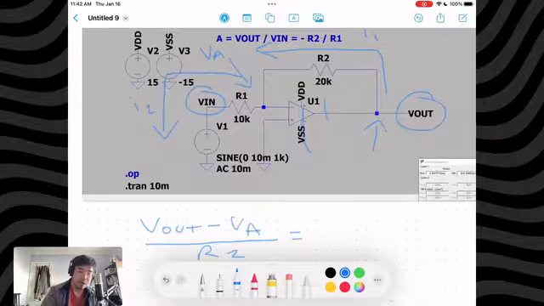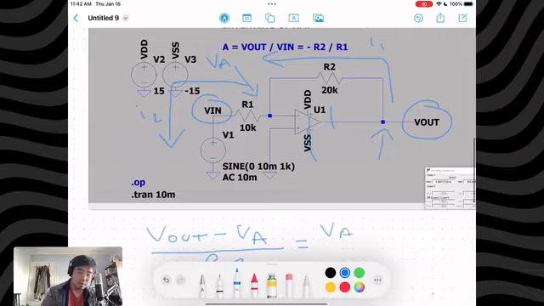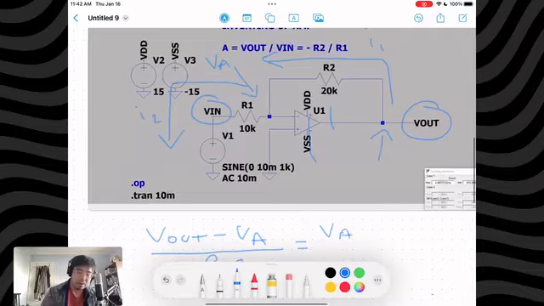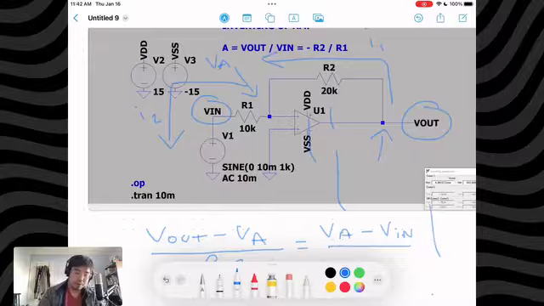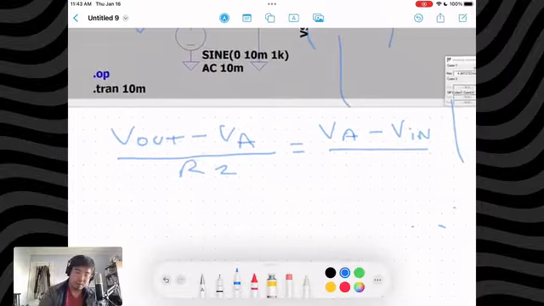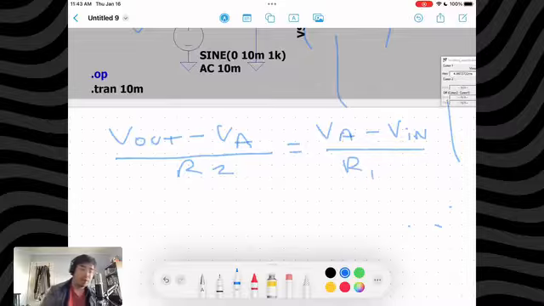V out minus VA divided by R2 equals VA minus V in divided by R1. Okay, so we're going to have to isolate V out and V in together so that the equation equals V out over V in.